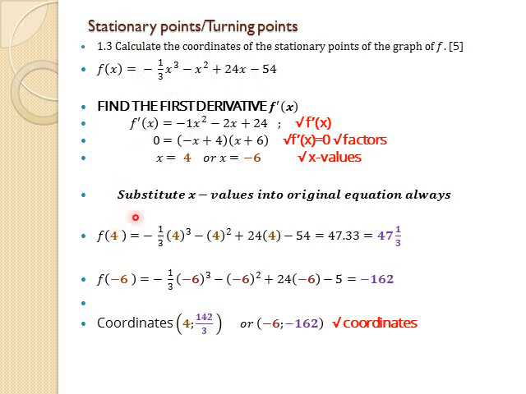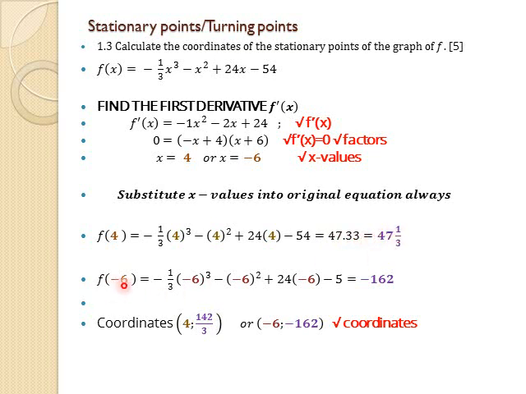So we don't substitute in there, but we go back to where we started. So I take x equal to 4, f(4). I have minus 1 over 3 times 4 cubed, minus 4 squared, plus 24 times 4, minus 54. That gives me 47.3333 going on, or 47 and 1 over 3.